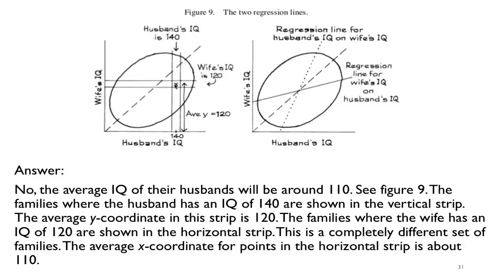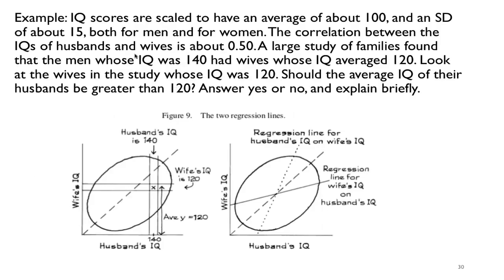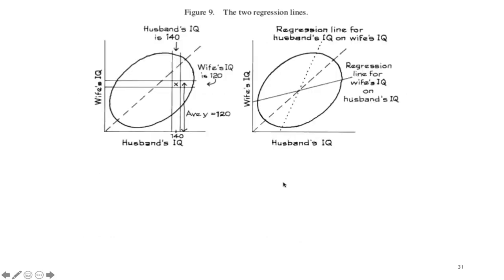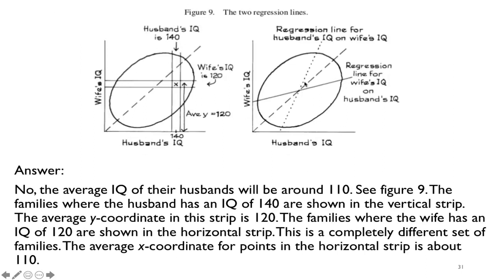But now that we switch it around and ask what if we were to look at the wife's IQ being 120 and consider the average IQ of all their husbands, then we're looking at a different group of people, right? We're looking at all the people in this horizontal strip, not the vertical strip. So now we're looking at a different regression line, this dotted line on the right here. And because of that, that IQ is going to be about 110, which is right about here.